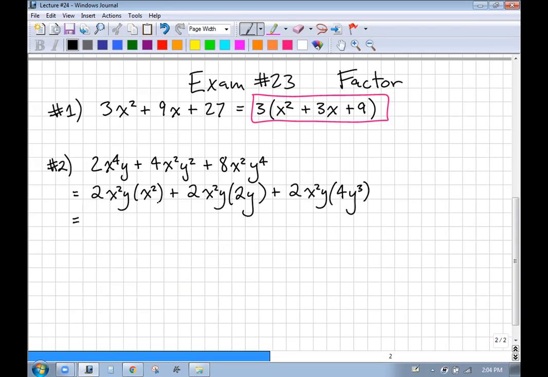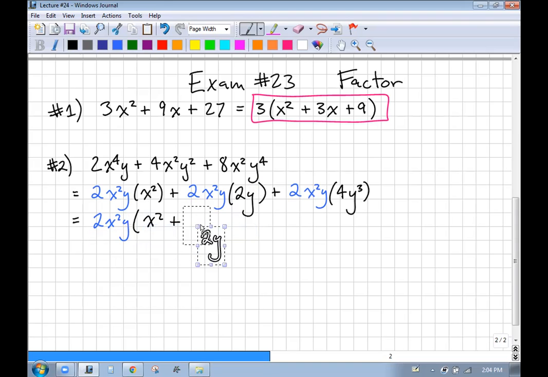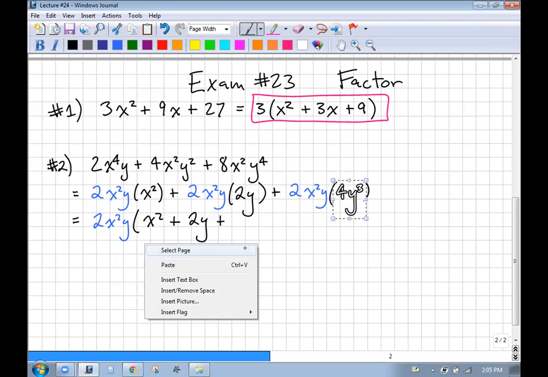All right, so looking at this, you can see that everything, and we did this on purpose, everything is being multiplied by a 2x squared y. So we have a 2x squared y, and that thing is being multiplied by an x squared and a 2y and a 4y cubed.